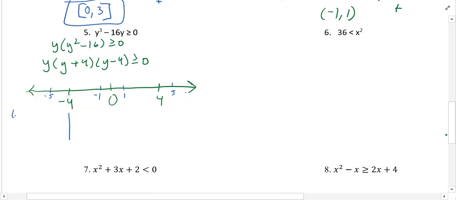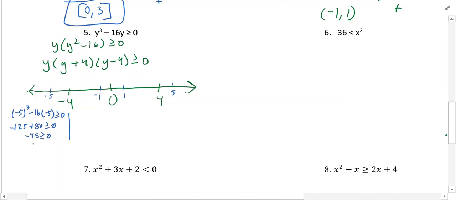So negative 5, the quantity negative 5 cubed minus 16 times negative 5 is greater than or equal to 0. When I simplify that, I get negative 125. Negative 16 times negative 5 is a positive 80, and it's greater than or equal to 0. So negative 125 plus 80 is a negative 45.